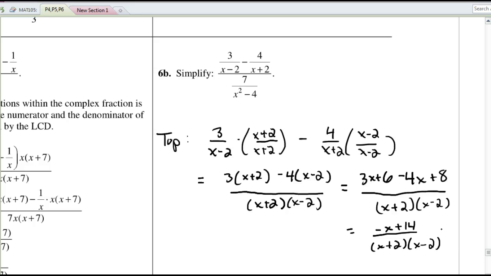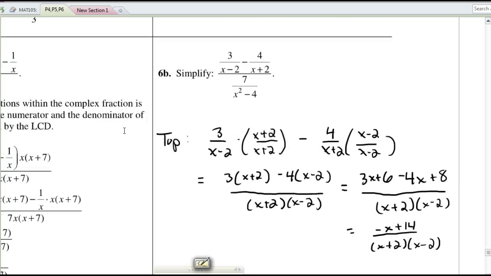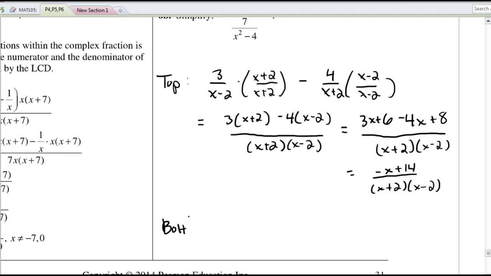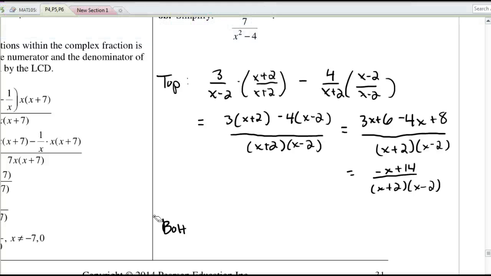Okay, so let's go down and combine the bottom. Sorry, the bottom. Oh wait, the bottom I think is already just a single expression. So we're already ready to copy, flip, and multiply because we don't have to put any fractions together on the bottom. Yeah, so let's do the copy, flip, multiply bit. Kind of lost track of myself.